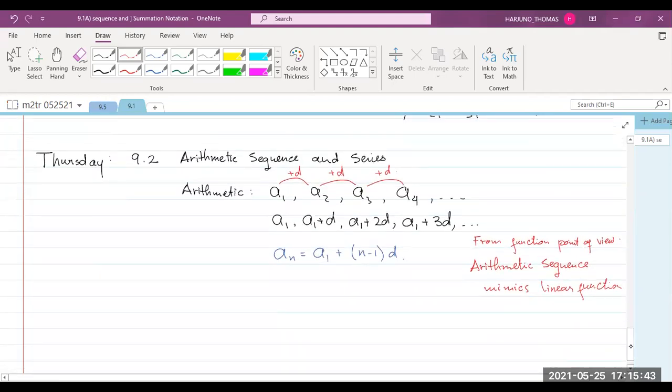The first example of a sequence that I gave you was 3, 7, 11, 15, 19, and on.